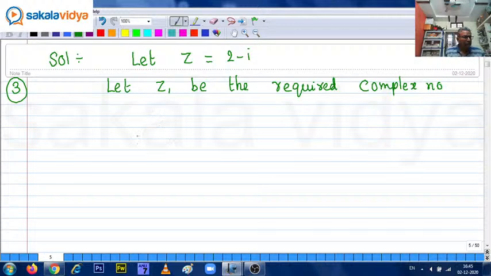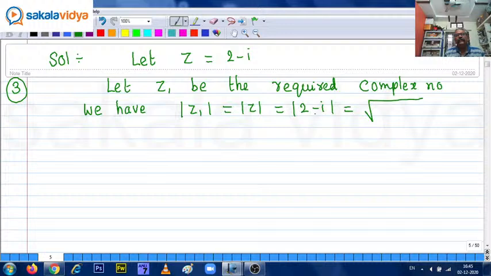So we have mod z1 equals modulus of 2 minus i, that is square root of real part square, 2 square, plus imaginary part square, negative 1 square, that is square root of 4 plus 1, that will be root 5.